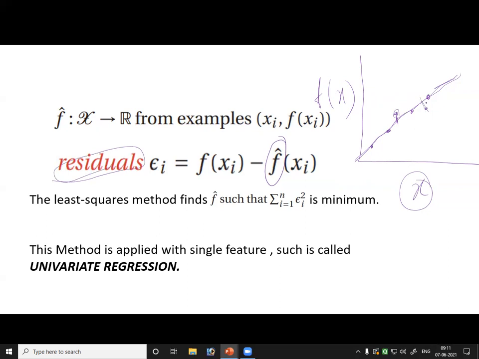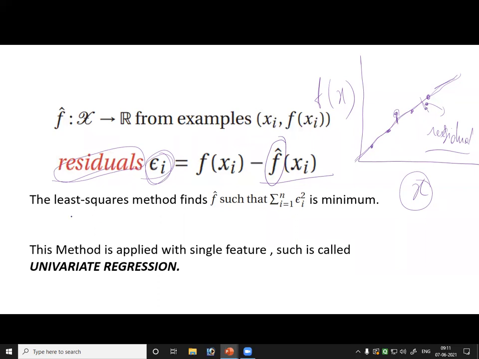How is it represented? Epsilon i is equal to f of xi minus f hat of xi.